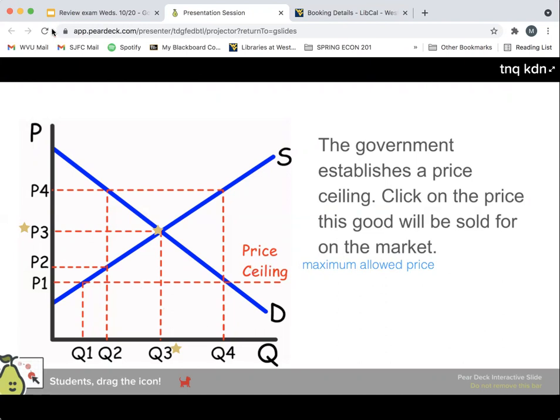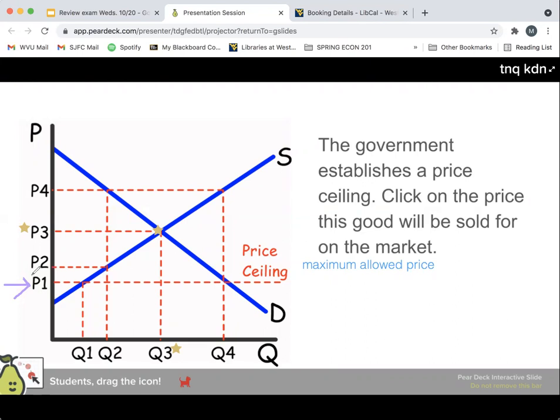So now in this case, when we throw this price ceiling into this market, we're going to be at a price of P1, not because of the market, not because of anything that happened, but because government comes in and establishes this price ceiling. Legally, you cannot price anything higher than P1. Okay.